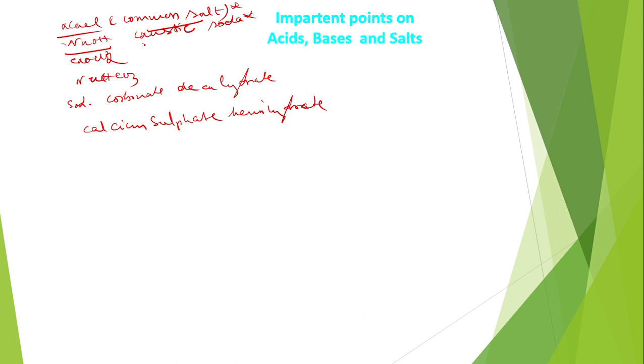They will ask, write the chemical formula for caustic soda. So that's why you have to be thorough. Okay. Calcium oxychloride is called bleaching powder. They may ask questions on this also. Next, sodium hydrogen carbonate is called baking soda.